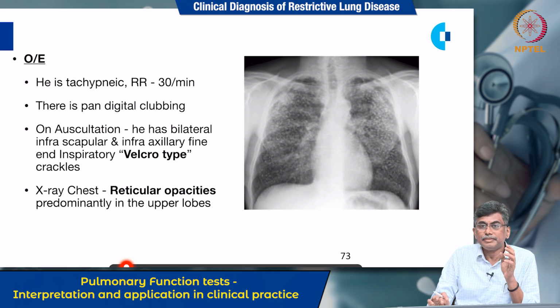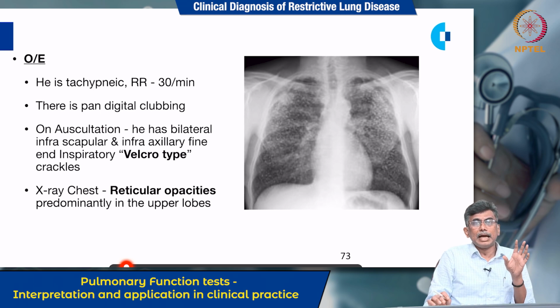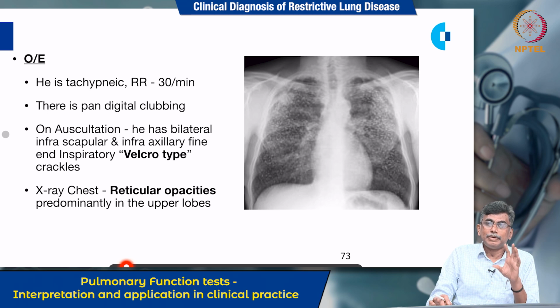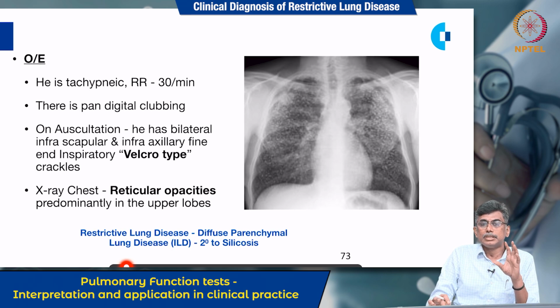This is the chest X-ray which shows reticular opacities mostly in the upper lobe. So this is a classical presentation of a diffuse parenchymal lung disease causing restrictive lung disease, here secondary to environmental exposure, secondary to silicosis.